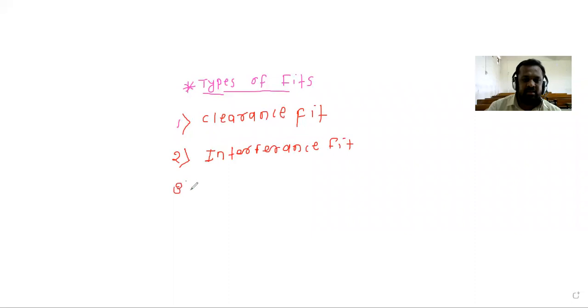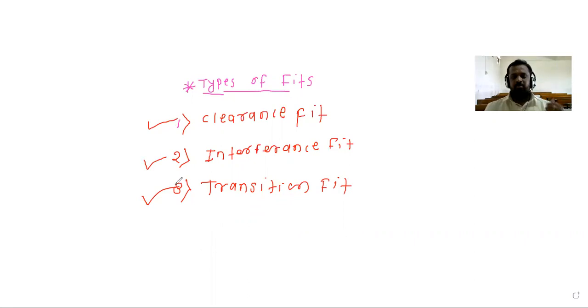Then the third type of that fit it will be the transition fit. Okay, these are the three types of the fit. First is the clearance fit, interference fit, and the transition fit. Okay, so understood? These are the three basic types of the fits.